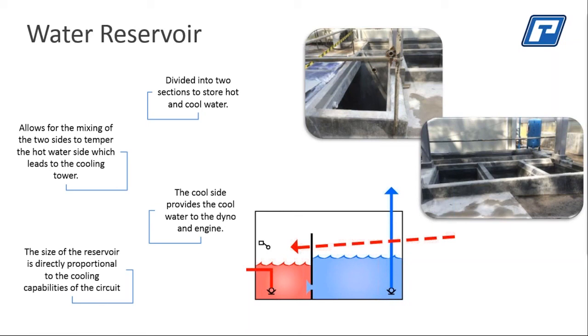Well, Rick, how do you go about sizing a reservoir? Oh, that's actually a good question. Typically the sizing of the reservoir is dependent on what you're testing. There are pumps that we're going to see in a little while that are supplying water to the engine, to the dyno, and also to the cooling tower. If I take the flow rates of all those pumps and add them up, typically our reservoir size is about 5 times the total flow rate of all the pumps.